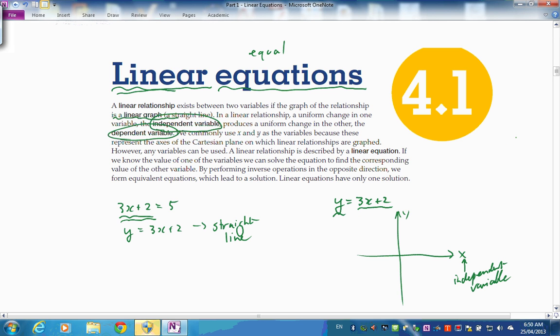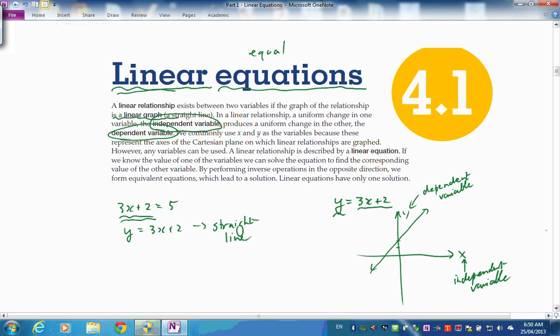Y is 3 times x plus 2. So here we think of, we'll go through it too, and it'll be fairly steep, won't it? So we think of y as dependent upon x. As we change x, y responds to it and is dependent upon it. So that's the dependent variable. So a couple of little names in there for later on.